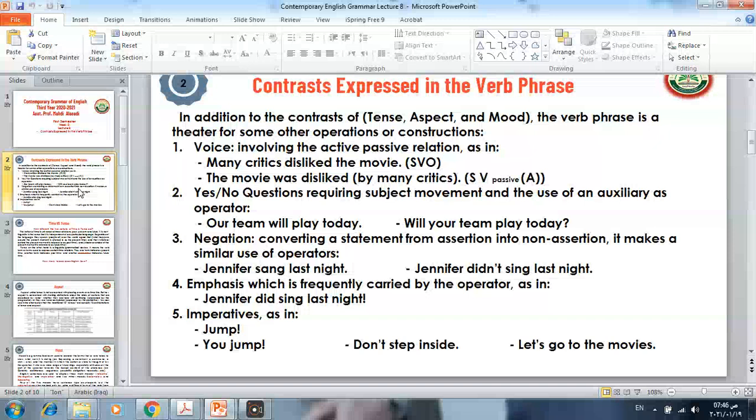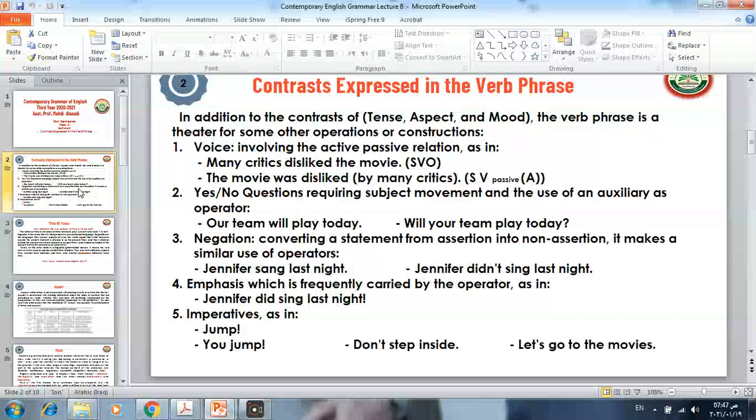So you can say the movie was disliked and you stop here, or you can add the by phrase by saying the movie was disliked by many critics. So my point here is that the operation of passivization that takes place in the verb phrase results in a change in the structural pattern of the statement or of the sentence.